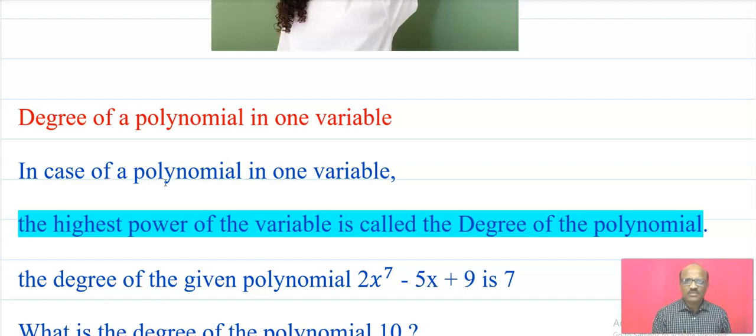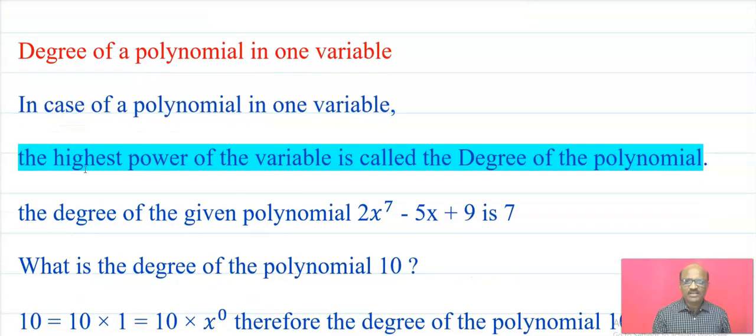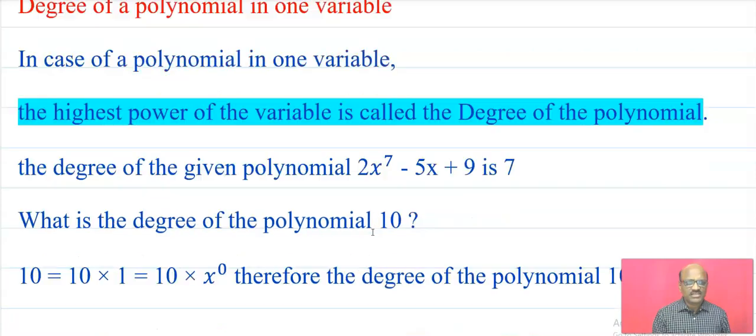In case of a polynomial in one variable, the highest power of the variable is called the degree of the polynomial. सगळ्यात जास्त मोठी जी power असणारे, then it is called the degree of the polynomial. Now in this case, 2x raised to 7 minus 5x plus 9, the highest power is 7. Therefore, the degree of this polynomial is 7.